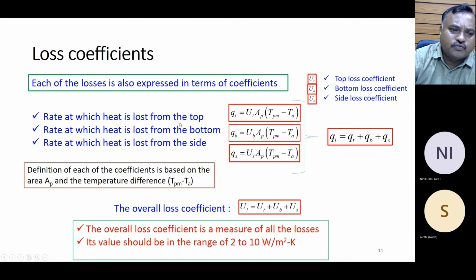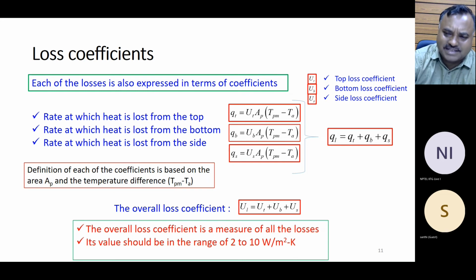Finally, we can also relate the overall loss coefficient, which is represented by UL, as nothing but the sum of the top loss coefficient, bottom loss coefficient and side loss coefficient. You must understand why we have calculated this UL. The overall loss coefficient UL is a measure of all the losses, right? So once we know the losses, we can take appropriate measures to reduce them.